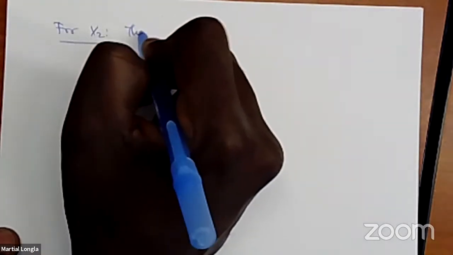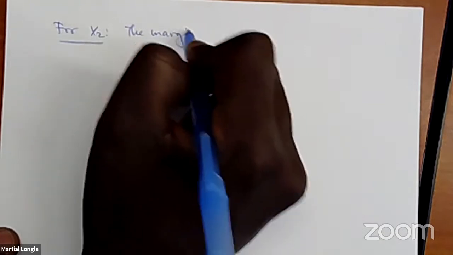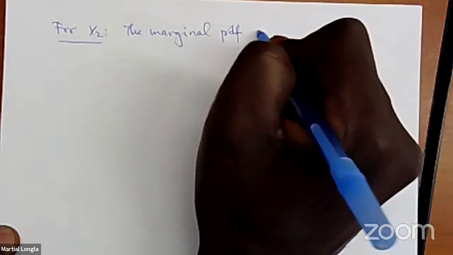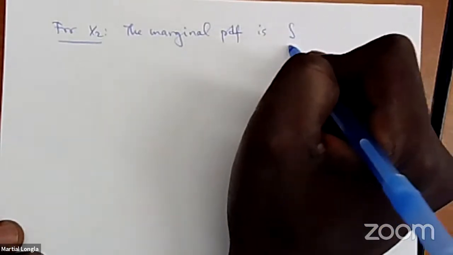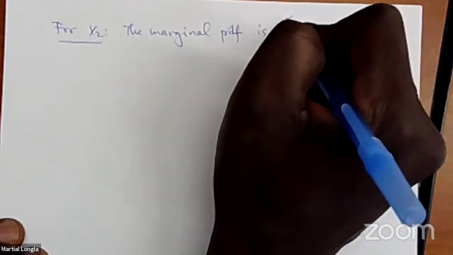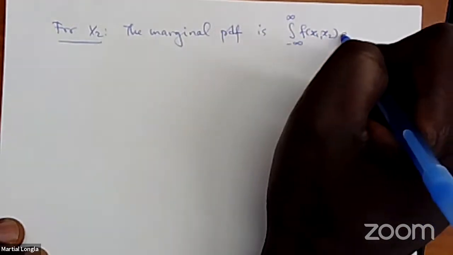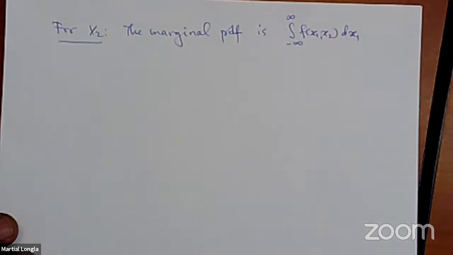So for x2, the marginal PDF is the integral from negative infinity to infinity of f of x1, x2 dx1. Now we integrate dx1 to get the marginal distribution of x2.